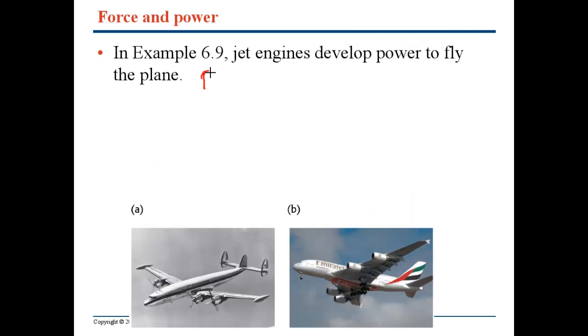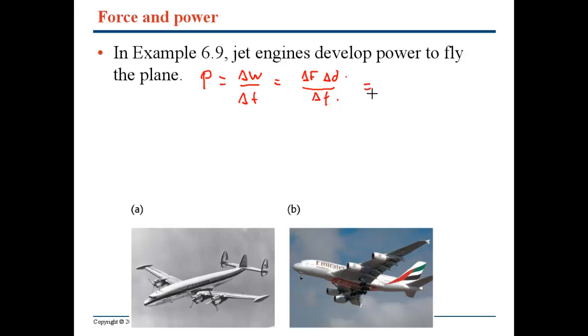So if we know that the power is equal to some change in work divided by change in time, and we know that the work is equal to some force times a distance, we could also write this as the force times the change in distance divided by the change in time. And you can see change in distance divided by change in time is going to be a velocity.